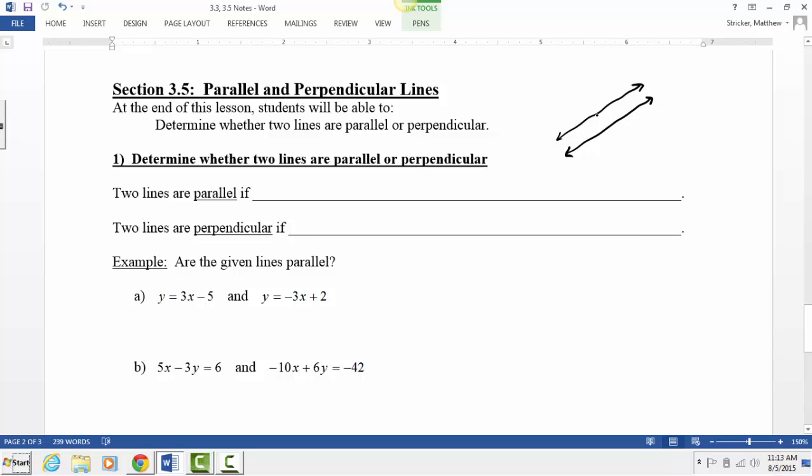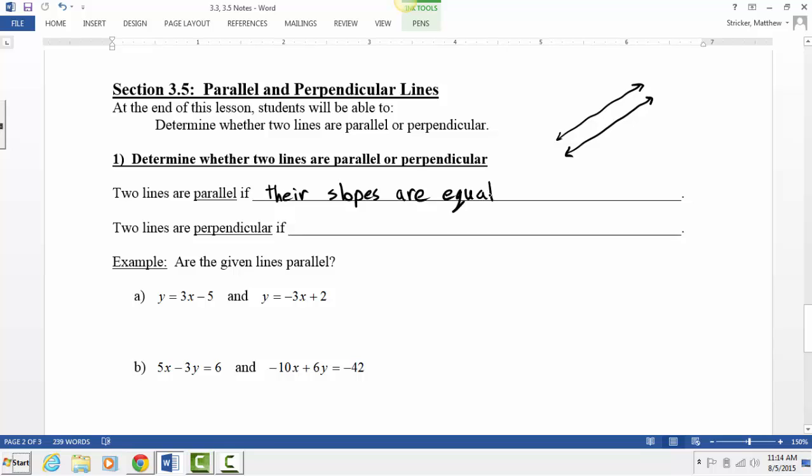What can we say about the slope of these two lines, or the steepness? Are they the same? Are they different? Well, hopefully you're thinking to yourself that the slopes are the same. They have the same steepness. If they're never going to cross each other, the slope should be the same. So we can say two lines are parallel if their slopes are equal.